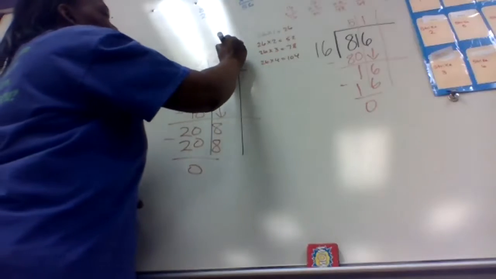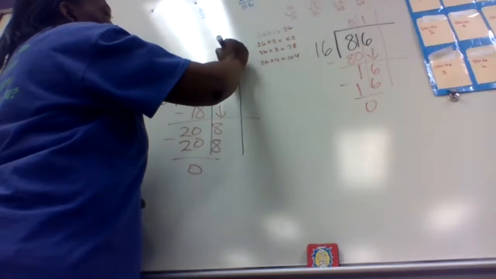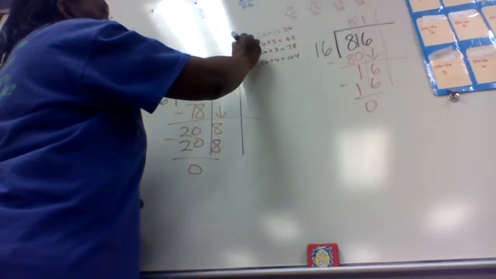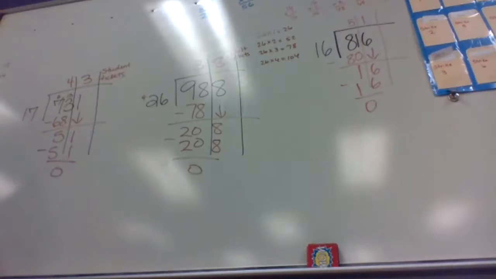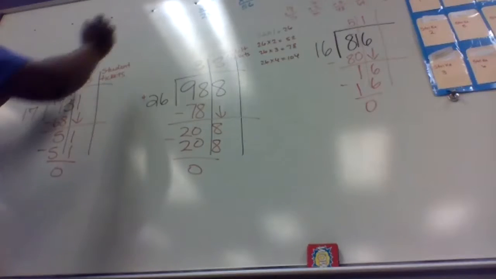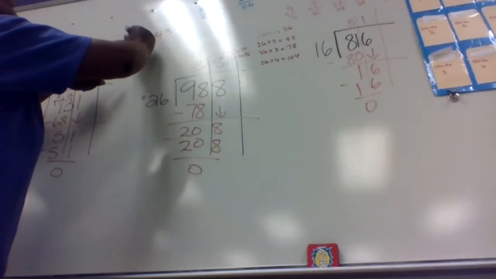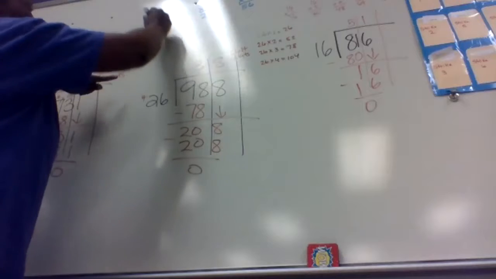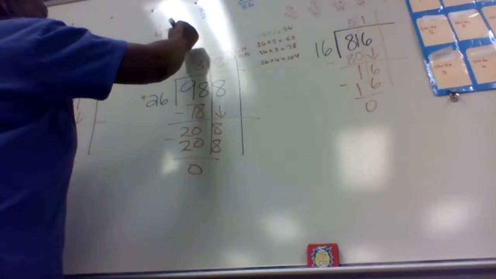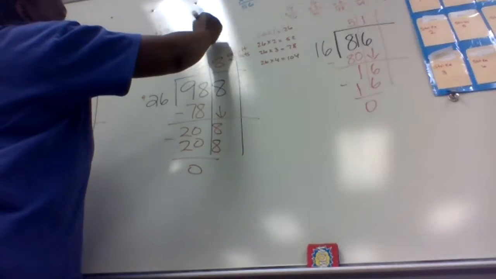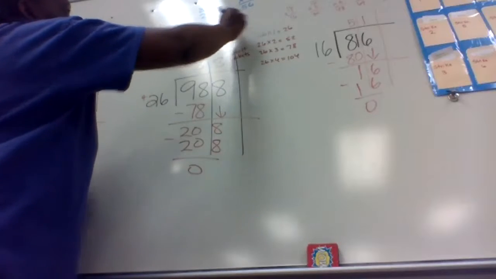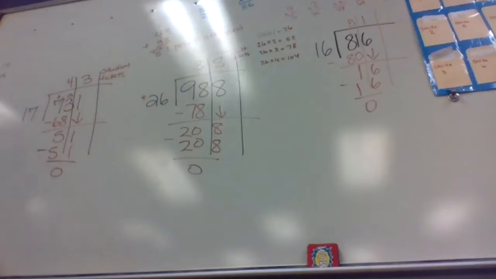So 38 adult tickets. That's 81. So the question says, how many people attended the performance? Well, you got students plus adults. So 81 people attended this performance.